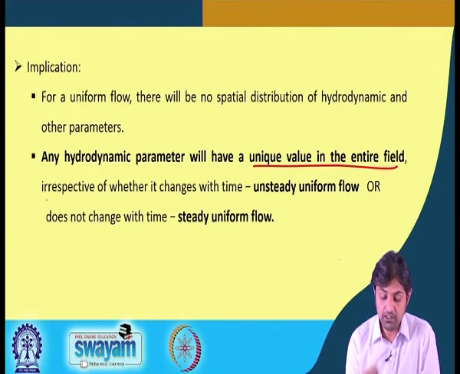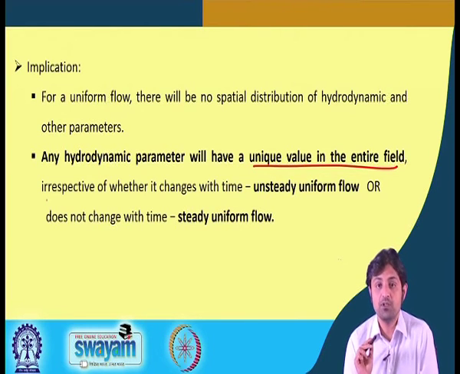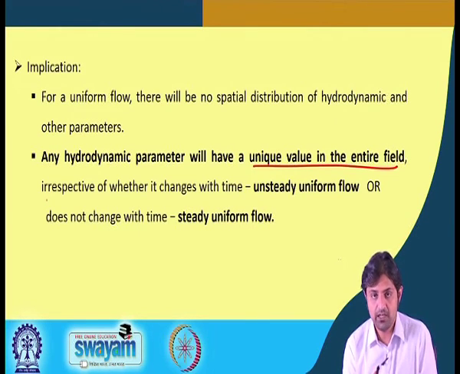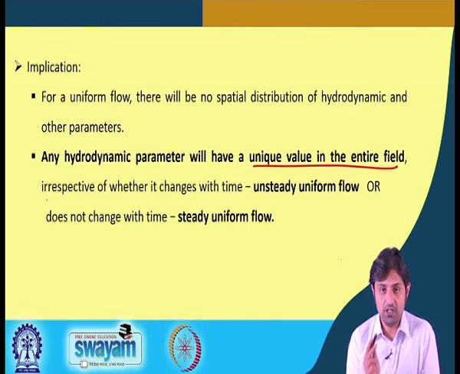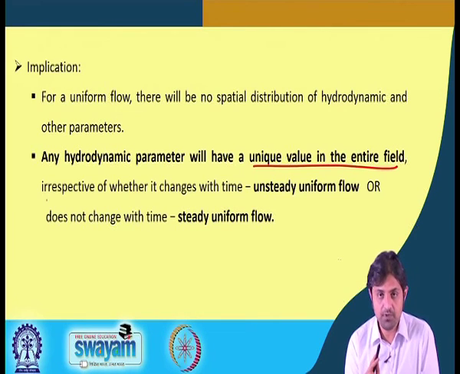Therefore, now we have two parameters here, space and time. If something depends upon time, it will be unsteady. If something does not depend upon time, it will be steady, right?